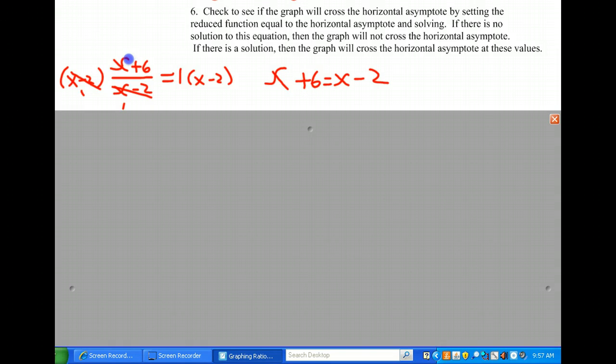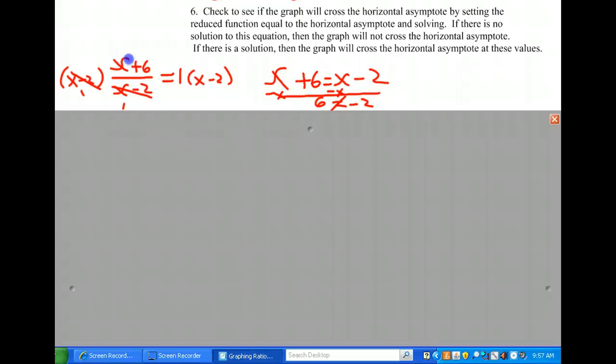And if you notice, when we solve this, you subtract x from both sides, and you get 6 equals negative 2. Well, that's obviously not true. Since that is not true, it turns out that the graph does not cross the horizontal asymptote. If we did get something that was true, if there was a solution, then the graph would cross the horizontal asymptote. We'll see another example of this in another part.